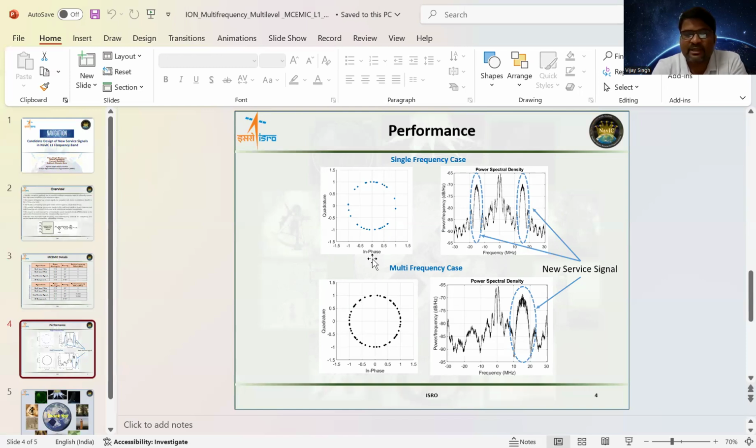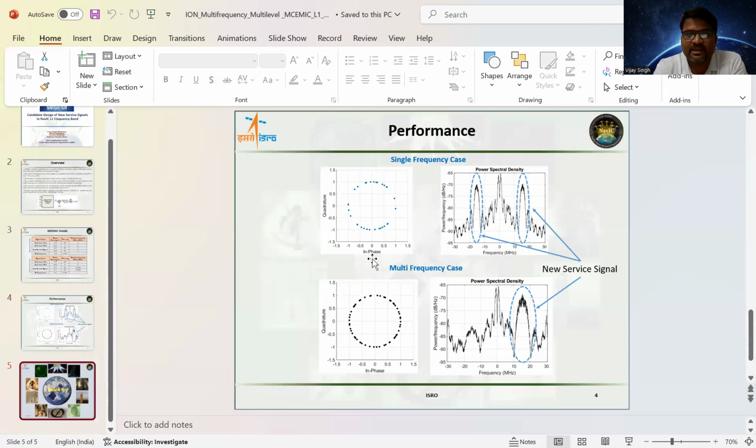Overall, we think this work is targeted at the community looking to transmit new service signals over a congested band, giving them a new degree of freedom in terms of frequency as well as modulation for selecting new services. We think this work will be very useful for those aspects.